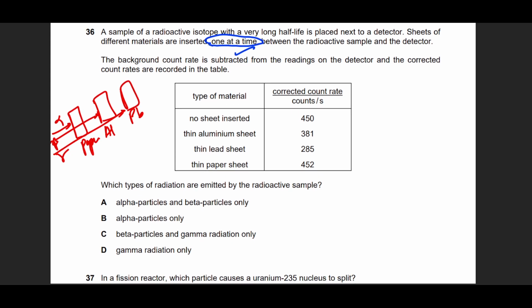So when there is no sheet, that means when there is nothing between the source and the detector, there is a reading of 450. And when you place a thin piece of paper, the reading is not changing, although it has increased a bit. So both situations would have been confusing for the student. Why is it increasing? And what if it had decreased to 440? Would that still count as alpha being present?